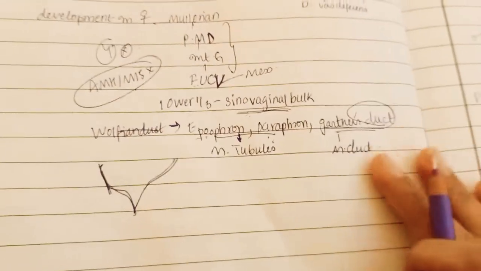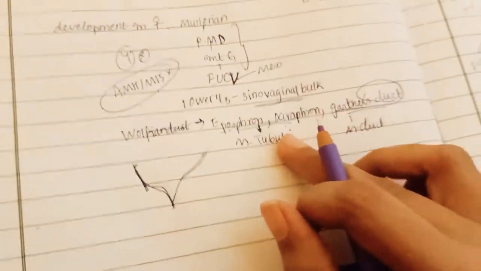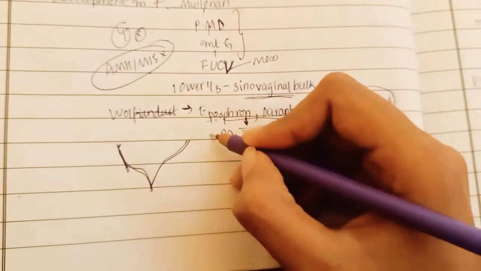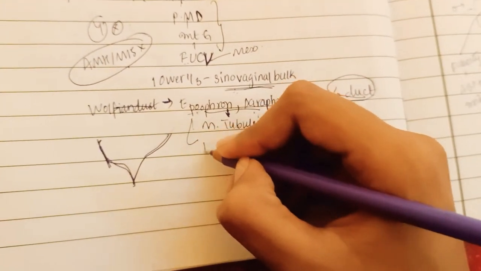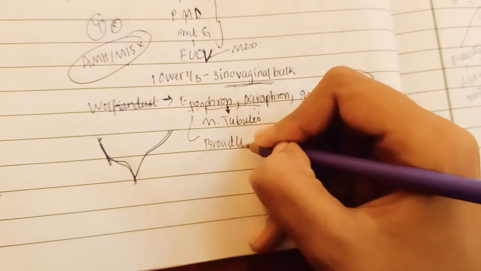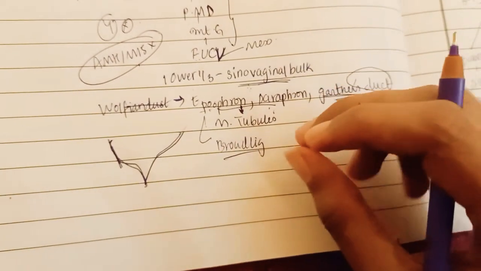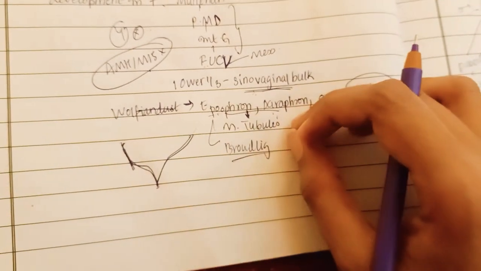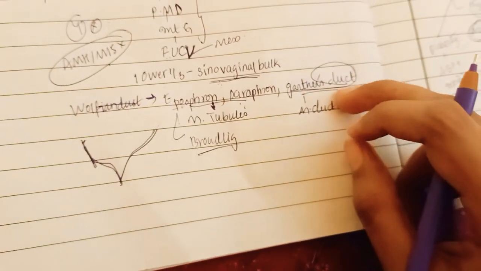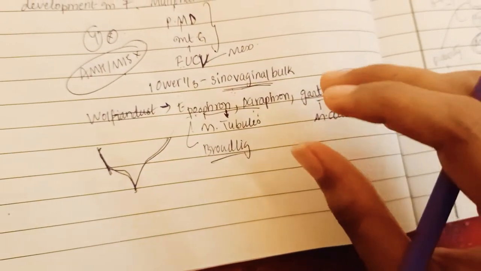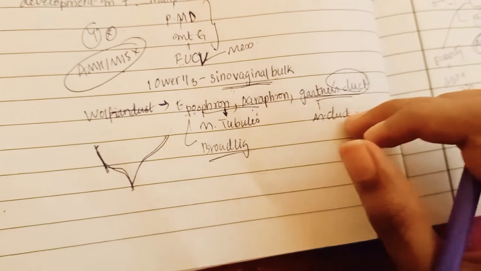So these remnants which we have talked about, like epoophoron, paroophoron, Gartner's duct, are actually present in the broad ligament of the uterus. Sometimes the Gartner's duct is present along the entire length, leading to blockage forming Gartner's cyst.